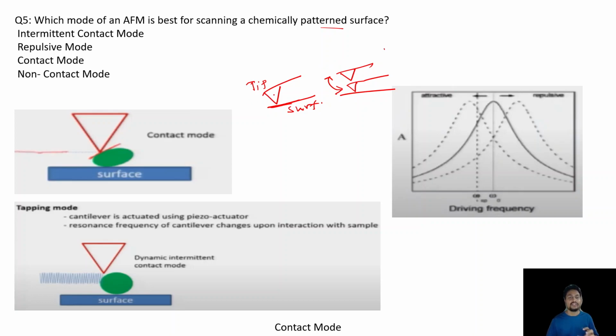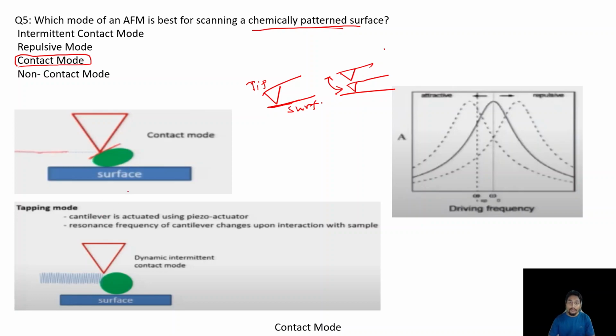But the chemically patterned surface has some kind of reconstruction, some very fine pattern. So obviously, the resolution is going to be higher in contact mode because it is in direct contact with the surface, right?